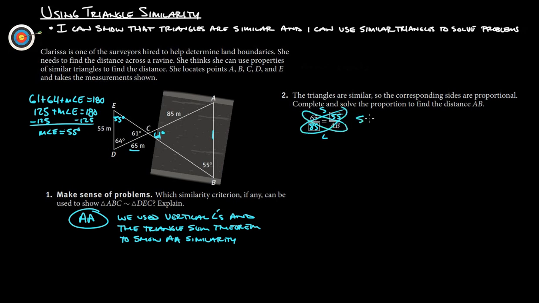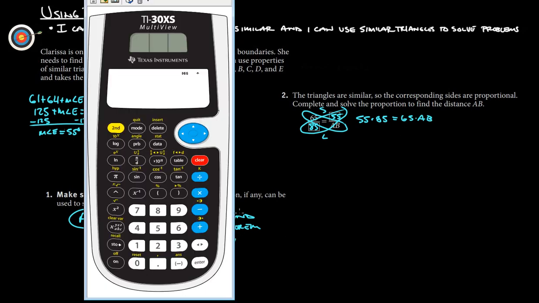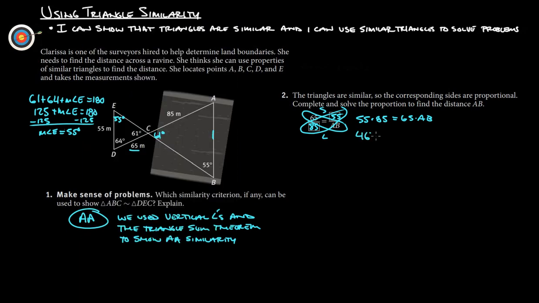So we've got 55 times 85 has to equal 65 times AB. Okay. So let's do 55 times 85. It gives us 4675 equals 65 AB.